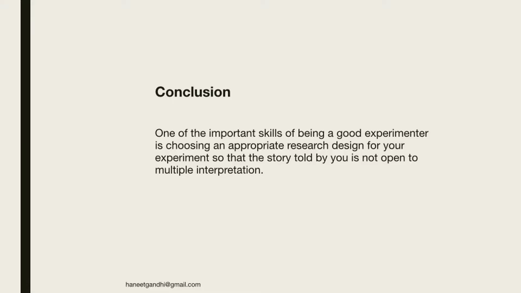So the conclusion that we draw from this example is that one of the important skills of being a good experimenter is choosing an appropriate research design for your experiment, so that the story told by you is not open to multiple interpretations, which means you have to be a good designer.